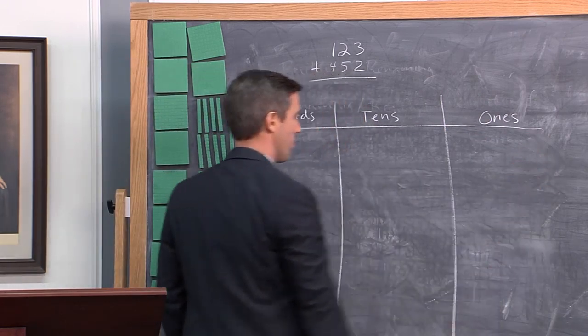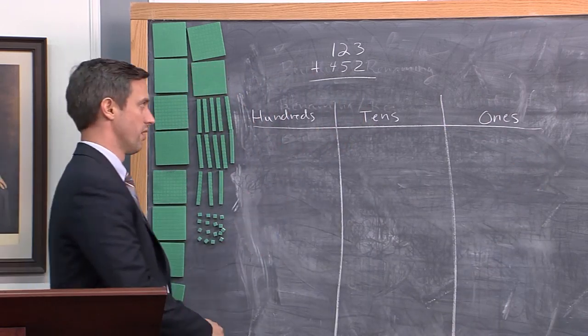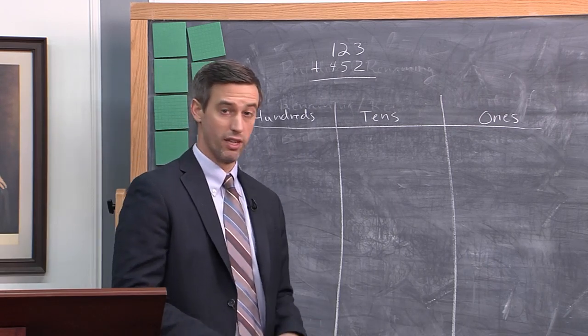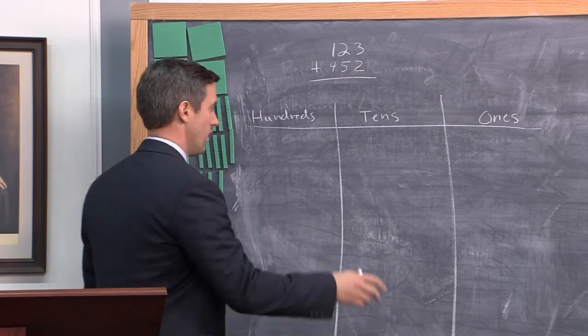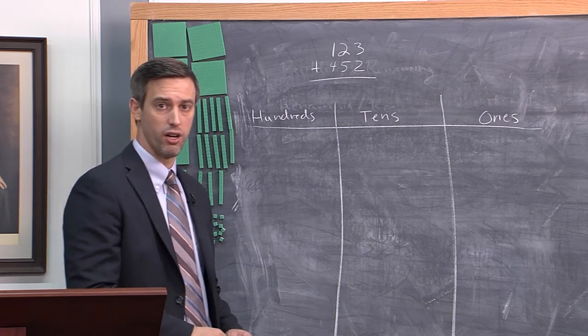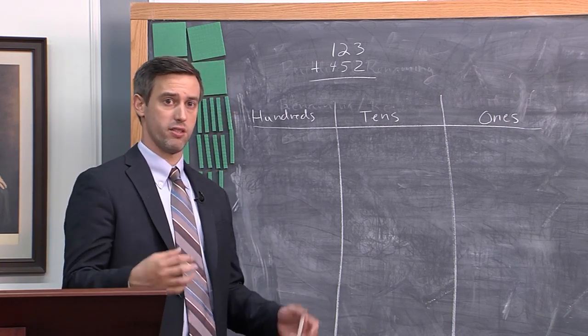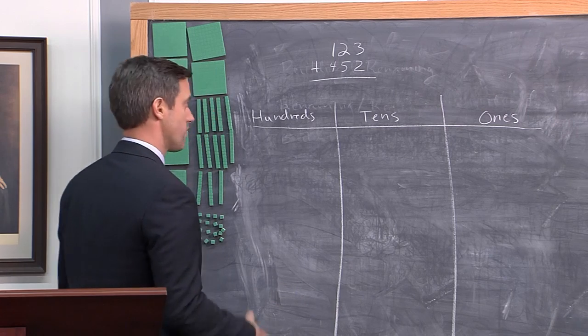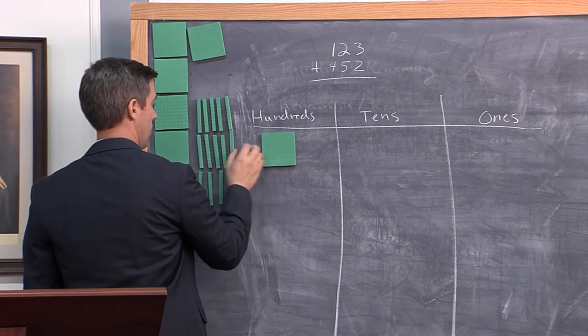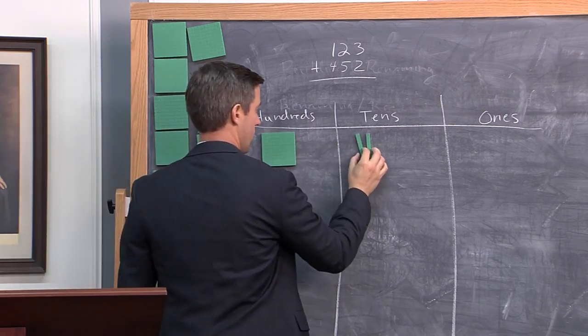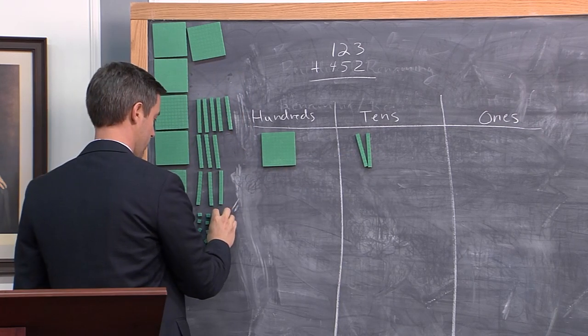And you're going to start by saying, somebody read that aloud to me. And you'll hear 123. And you say, stop. Great, thank you. Let's build that. What is 123? And you should be listening for something like, that is 100, 2 tens, and 3 ones.